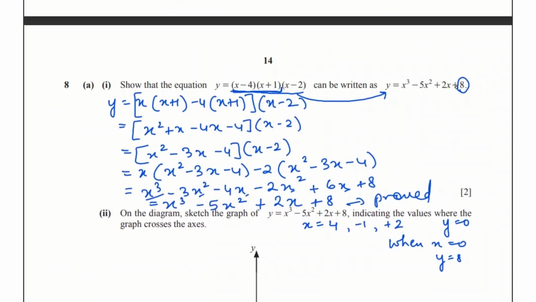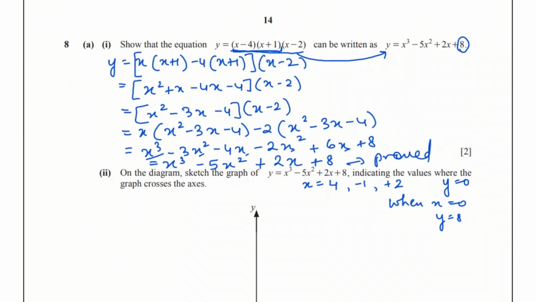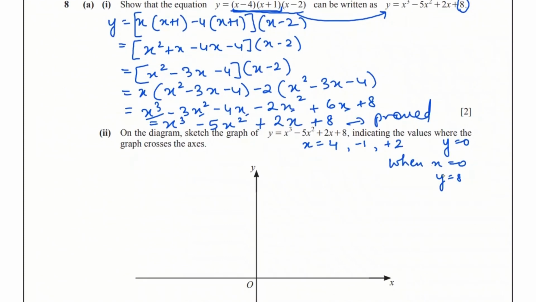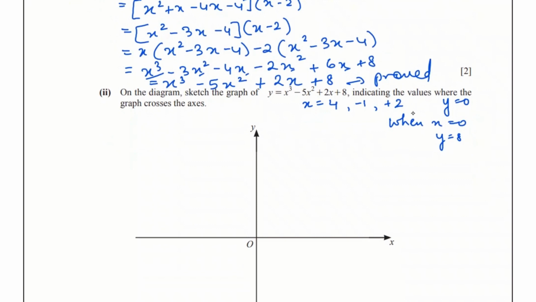When x is 0, y is equal to 8. So we have got 1, 2, 3, 4 points, out of which 3 points are when y is equal to 0, and 1 point is when x is equal to 0. So 1 point will be over here at minus 1, the other point will be over here at 8.